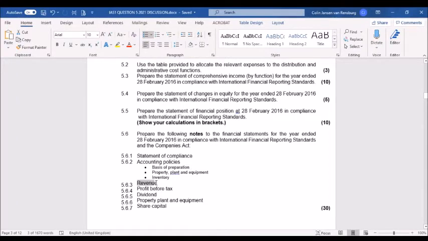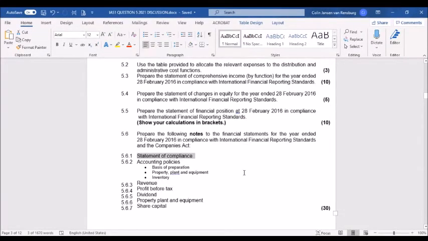We've already done the revenue note on Monday, but then we're also going to look at the profit before tax note, right? The PPE note, like I say, we're going to revisit in the third term. The share capital note, we're going to analyze and compile in its entirety next term when we do share capital. So let's start with the statement of compliance.